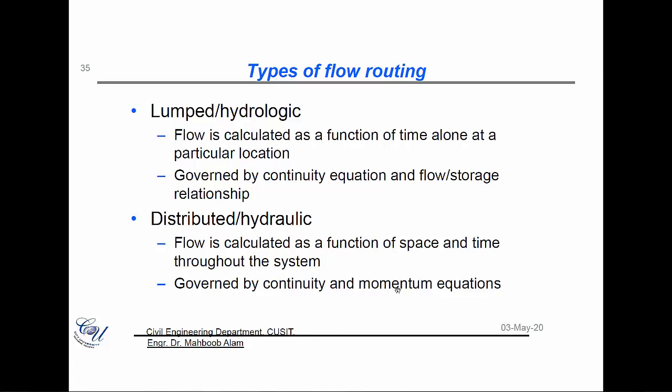And what it calculates in addition to hydrologic routing is that it gives us flow both as a function of space and a function of time throughout a certain river stream or throughout the system.